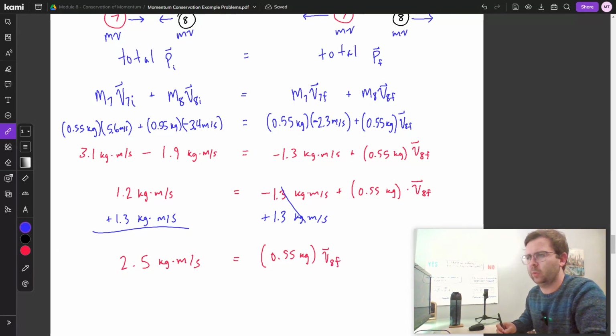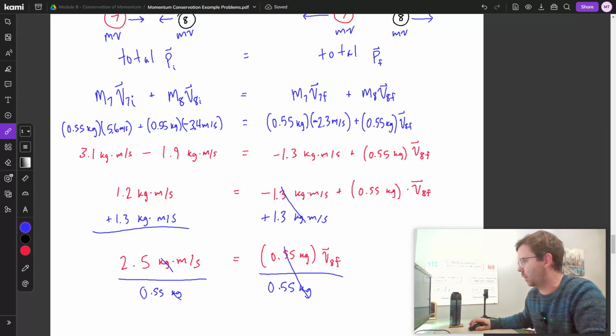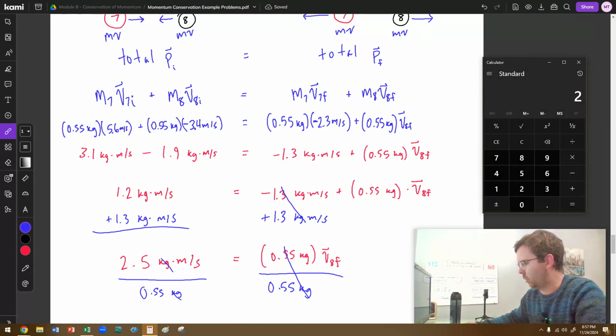Now we're ready to undo this multiplication by dividing. The kilograms cancel out, these numbers cancel out, and we have 2.5 divided by 0.55. It gives us 4.5.